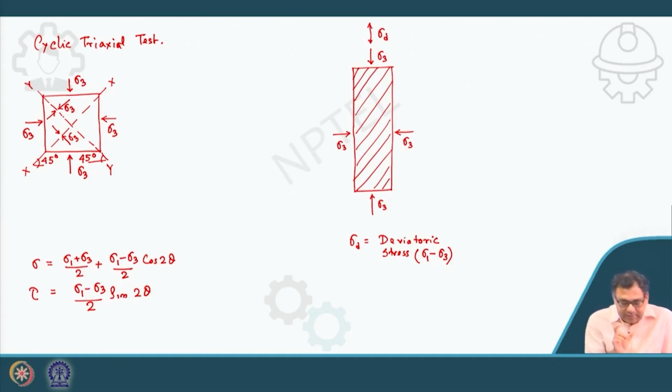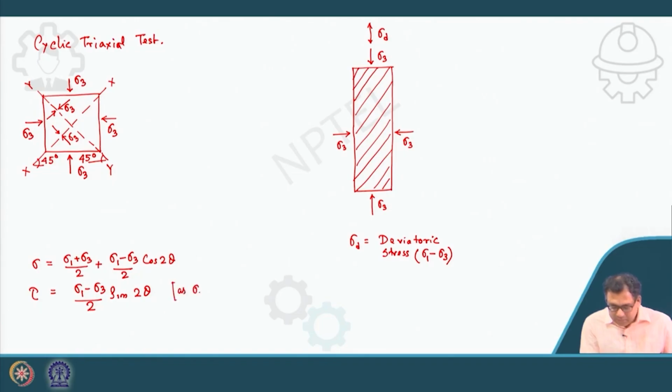So the XX and YY planes are making 45 degrees with the horizontal. Under the consolidation stage, the normal stress on these two planes will be sigma 3 and the shear stress will be 0. Why will the shear stress be 0?